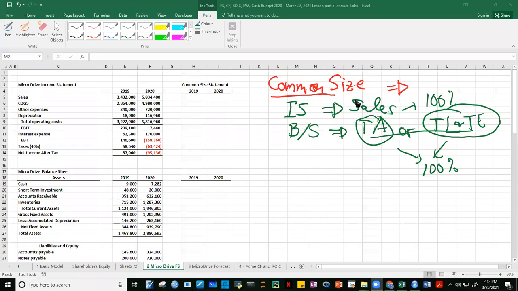Okay, so let's take a look first at the income statement. So lahat dapat guys, i-compare natin sa sales. So for 2019, it will be equal to sales 2019.